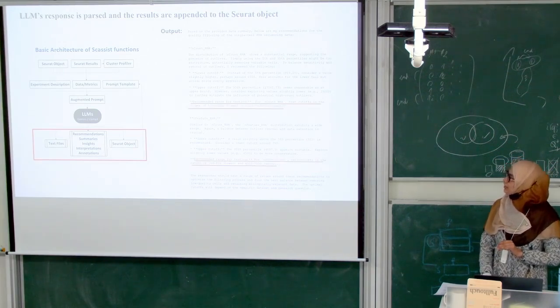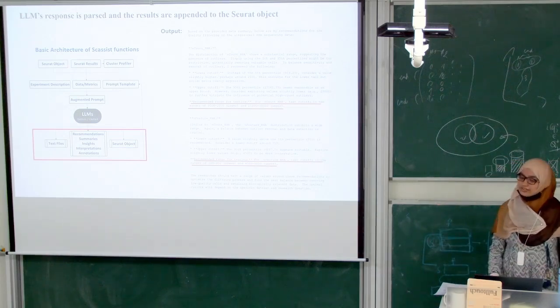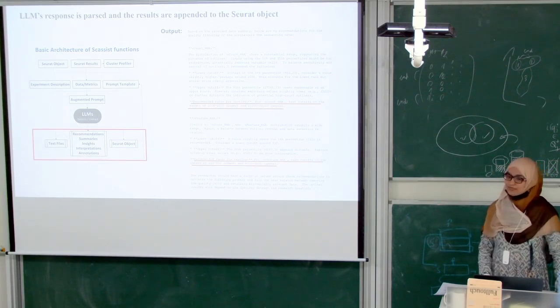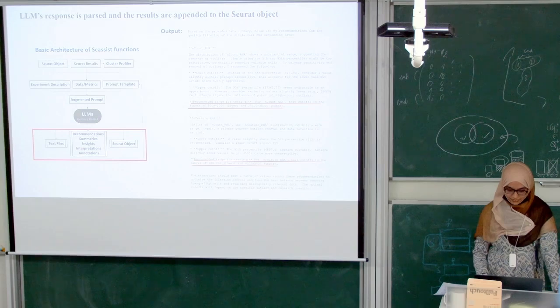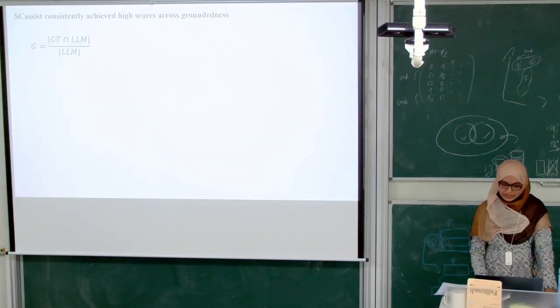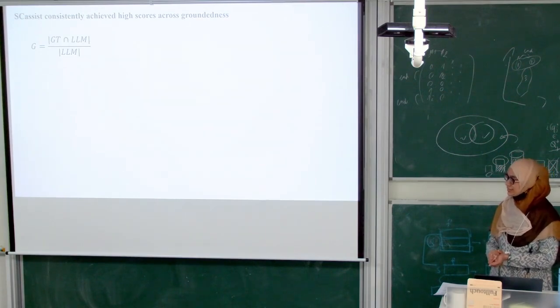Like here, they recommend that you should use this range of cutoffs for the number of RNA counts and the number of features. After performing this analysis, they wanted to check how well the LLM's results are.